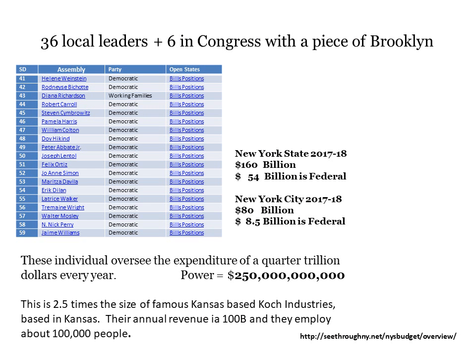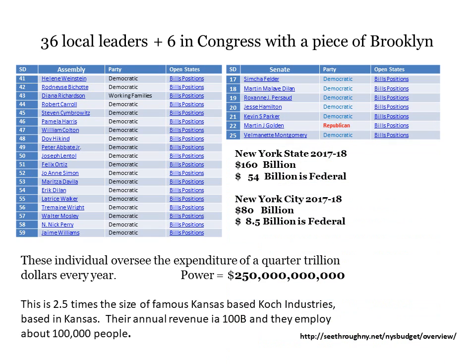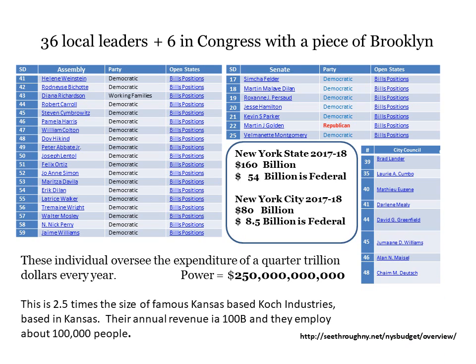But in putting this presentation together, the essential question came to mind, that the lens through which Congressional District 9 functions in New York State is within the overall atmosphere of $160 billion, $54 billion of which is federal, $80 billion in New York City, $8.5 billion of which is federal, nice big round numbers, that are all ruled by these groups of people in one way or another.